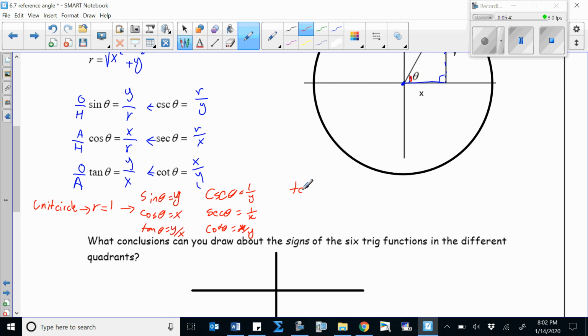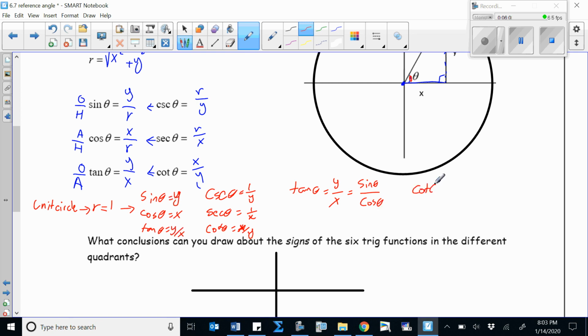We know that tangent is y over x. And we just learned that y is sine of theta. And also x is cosine of theta. So tangent is sine over cosine.